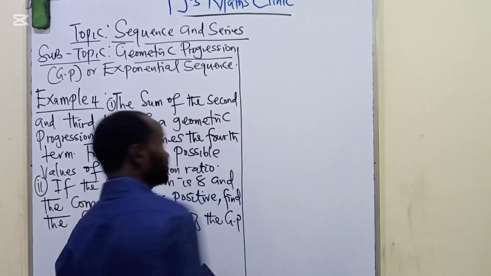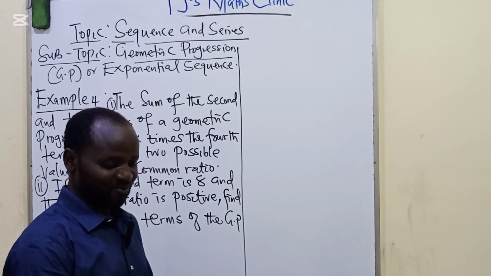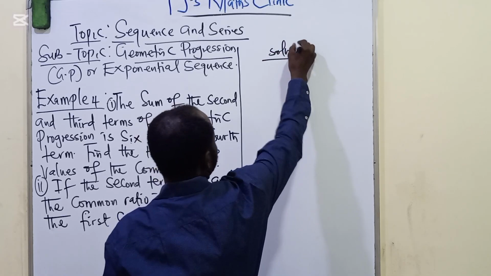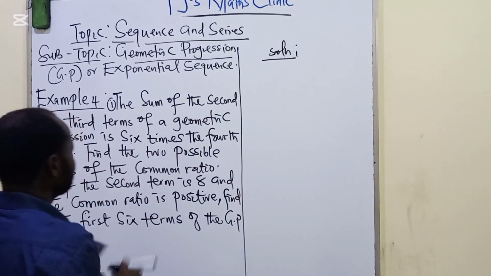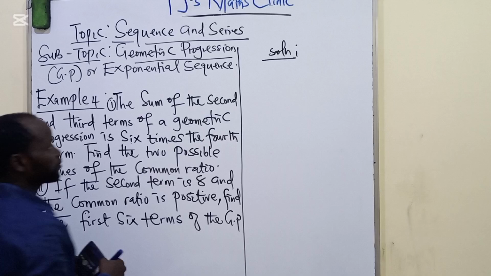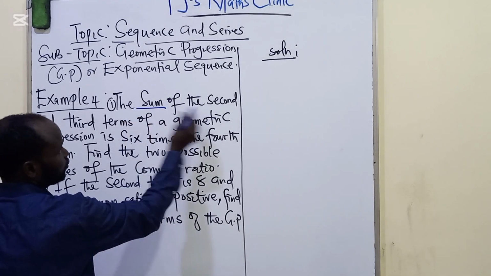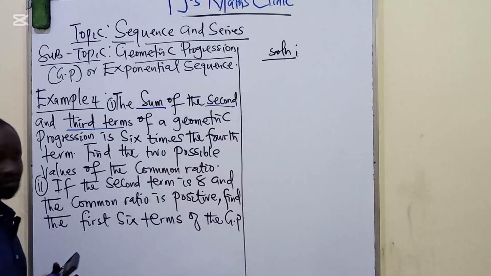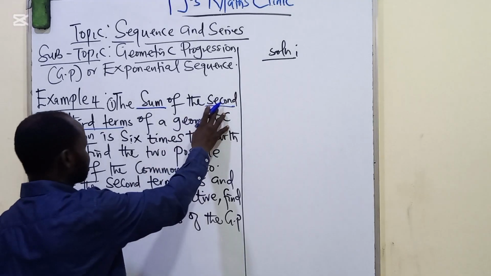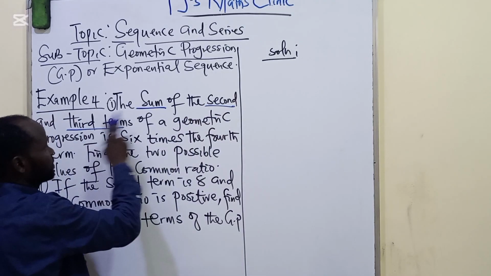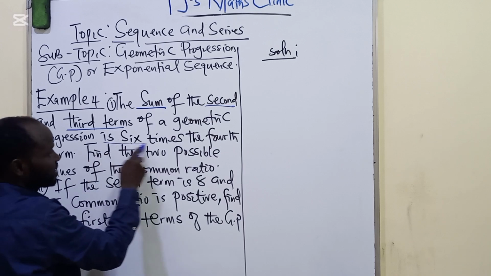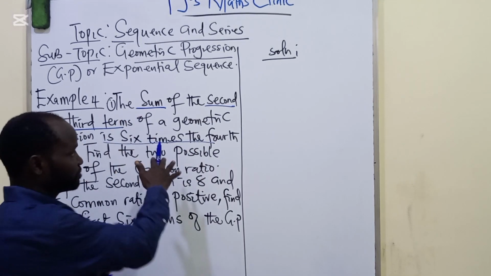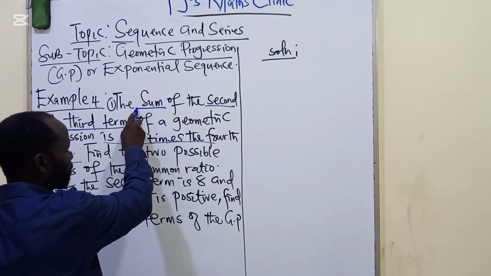Let's write down the solution and interpret the question. The sum here, when we say sum, that's addition. Sum of the second term and third term means whatever our T2 is plus T3 is equal to 6 times the fourth term. We're not using the sum of GP formula here, no. It's just the word sum, we add.